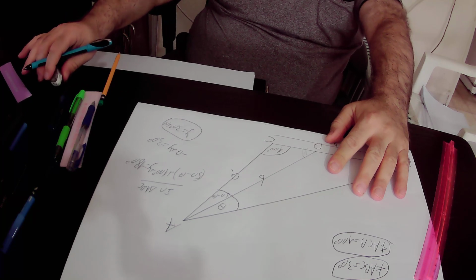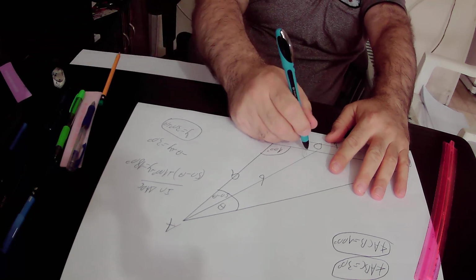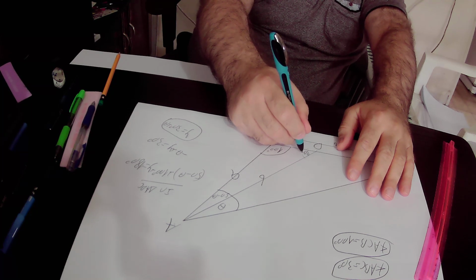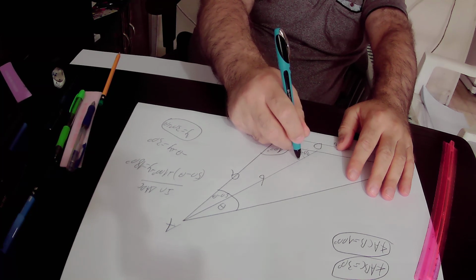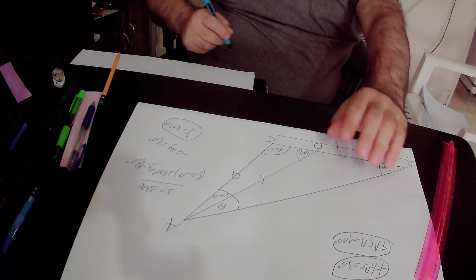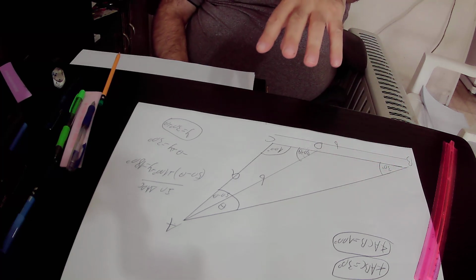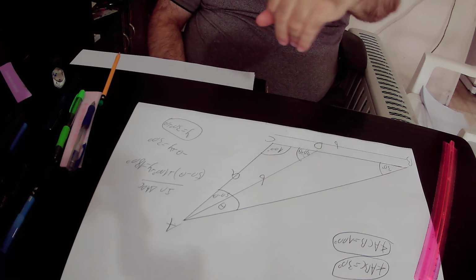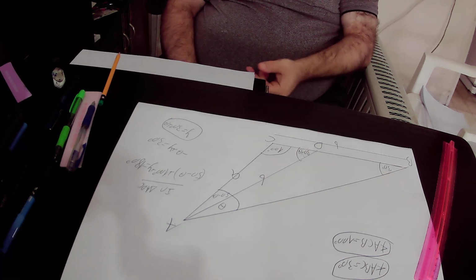So the angle that we are looking for equals 30 degrees plus theta. Now I will copy this triangle ADC in a new page, and we will implement the law of sines in this triangle ADC.